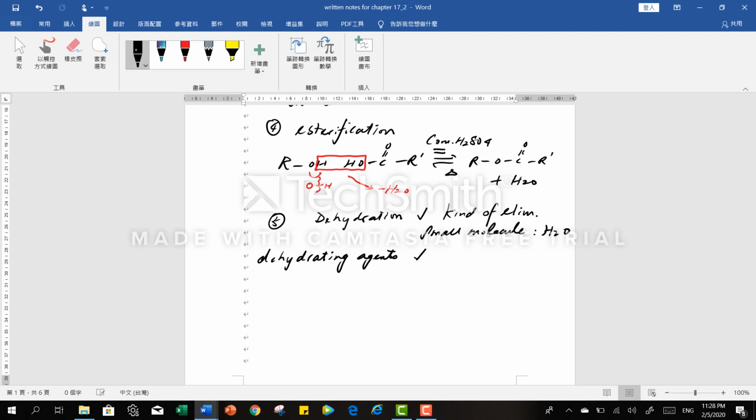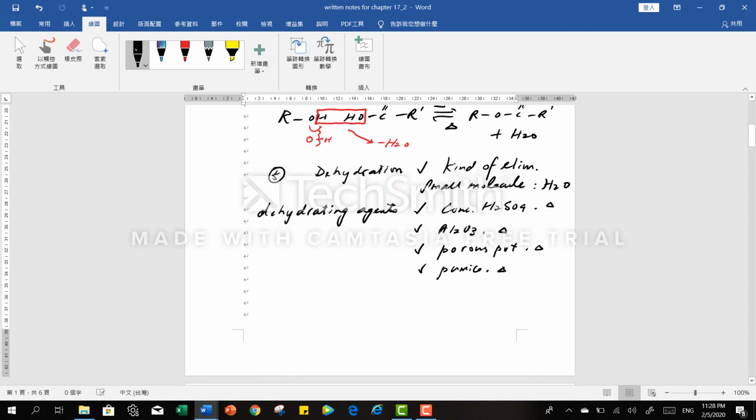So normally the dehydrating agent we use in this chapter is concentrated sulfuric acid, right? And then we can also use aluminium oxide. I will go back to the lecture notes and then you will see all of them. Or you can use the porous pot, okay? Or the pumice, okay?